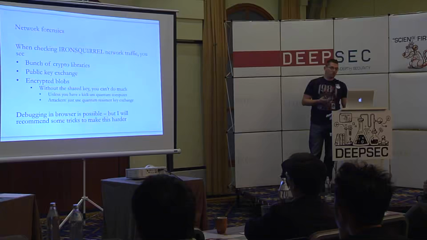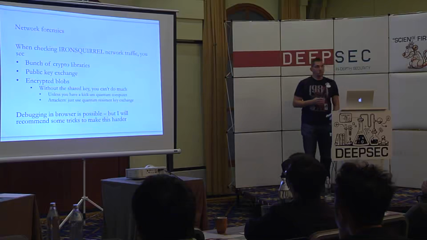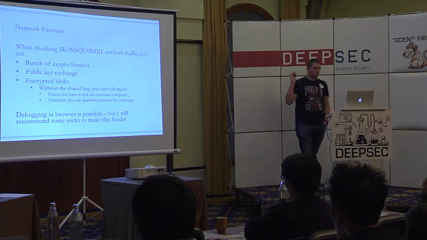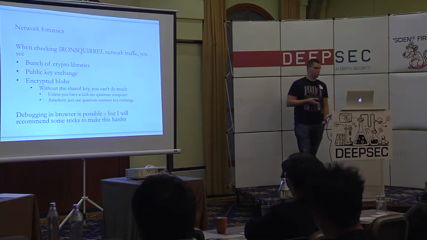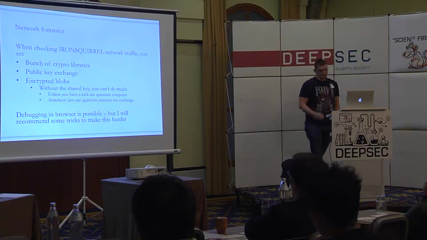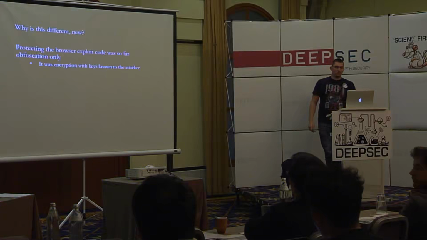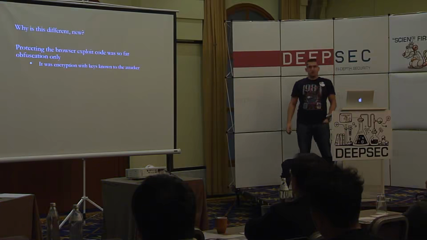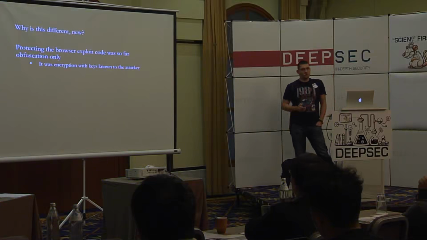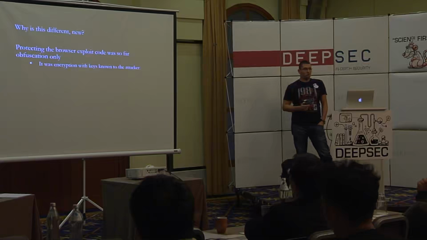Debugging the code in the browser is still possible, but during the presentation I will show you some ways how you can make these tricks harder. So why do I think this is new or this is different? Previously, before this encryption, all exploit code delivery was obfuscated.